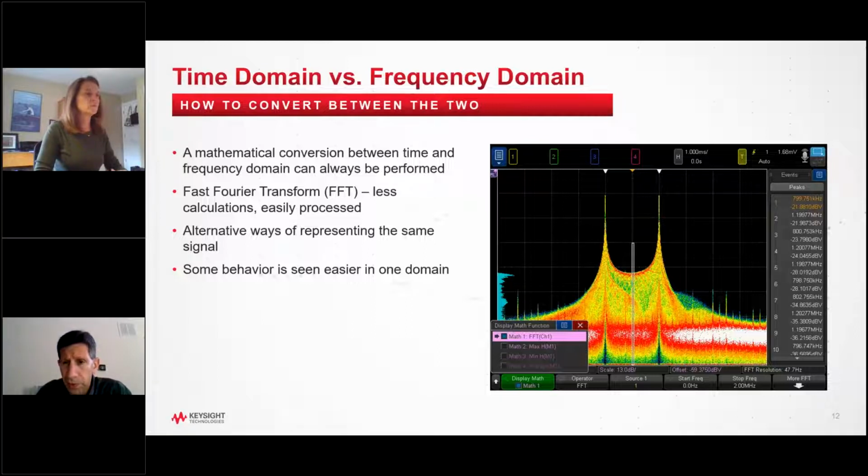If you're looking for harmonics or different main fundamental frequencies, the FFT is the way to go. And you see also, this has some additional capability where we will identify the peaks of the FFT, starting at the highest power and then going down. So you see those identified on the right of the menu on the oscilloscope.